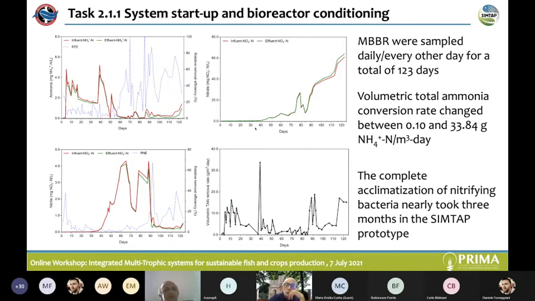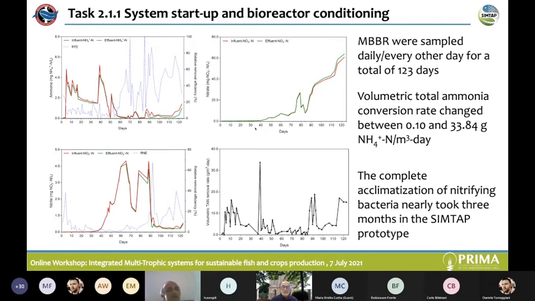Nitrate also showed a sharp increase during the 9th day. The results indicated that the complete acclimatization of nitrifying bacteria took nearly 3 months in the SIMTAP prototype built in the Eastern Mediterranean under high temperature and high salinity conditions.